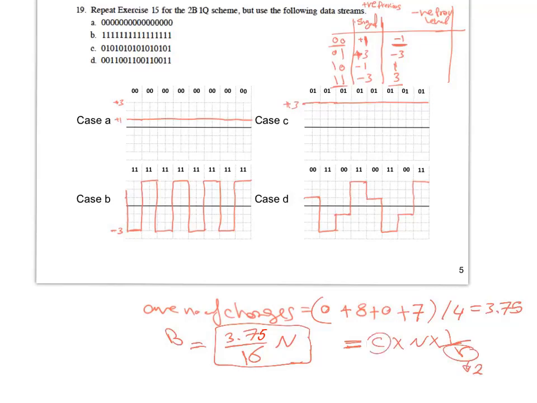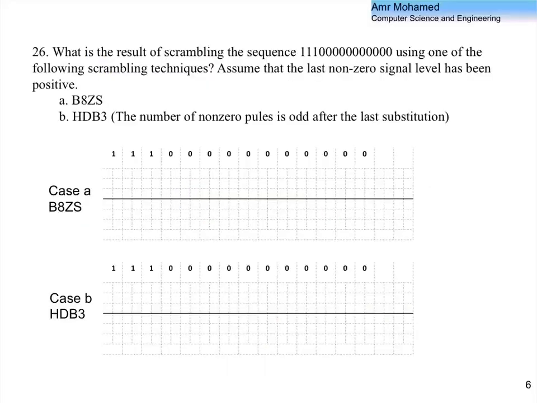So this makes C equal to 3.75 over 8, which is again in the range between 0 and 1.